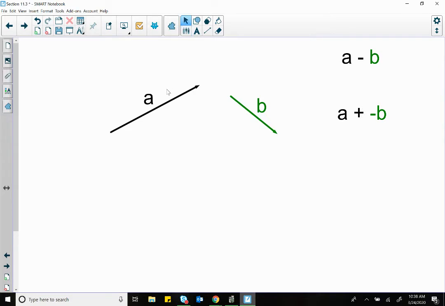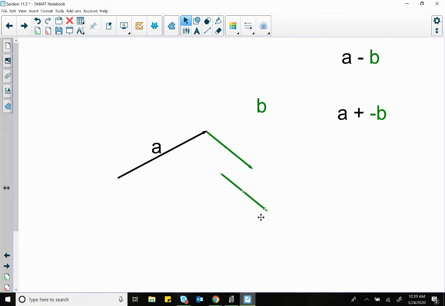So if we think about this, again, in those same terms that we had a second ago, this is my vector B, right? So if vector B picks up here, I really need the opposite of vector B. Okay? So what is the opposite of vector B?